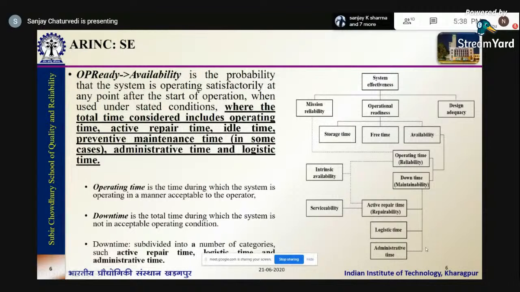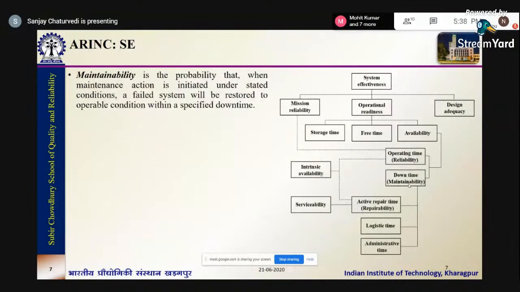If you see this diagram, you will see reliability, availability, maintainability, RAM, coming. System effectiveness encompasses the RAM parameters also.